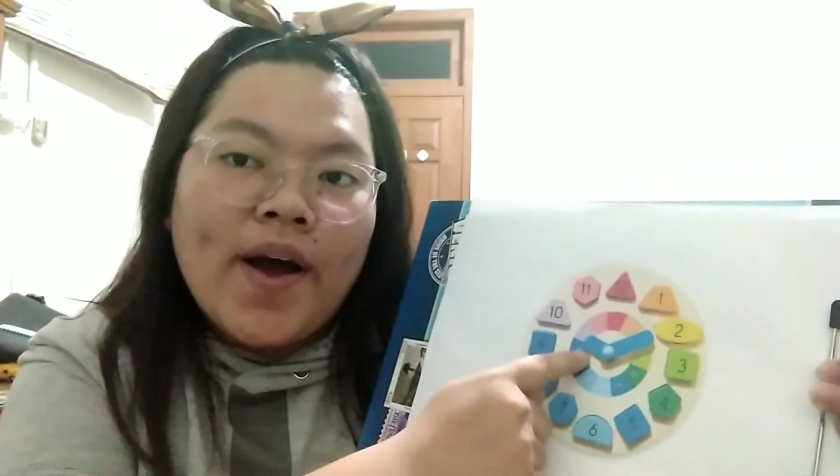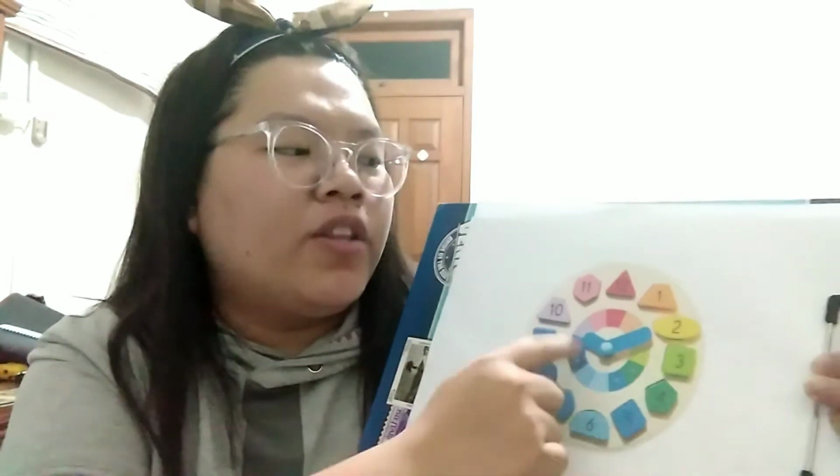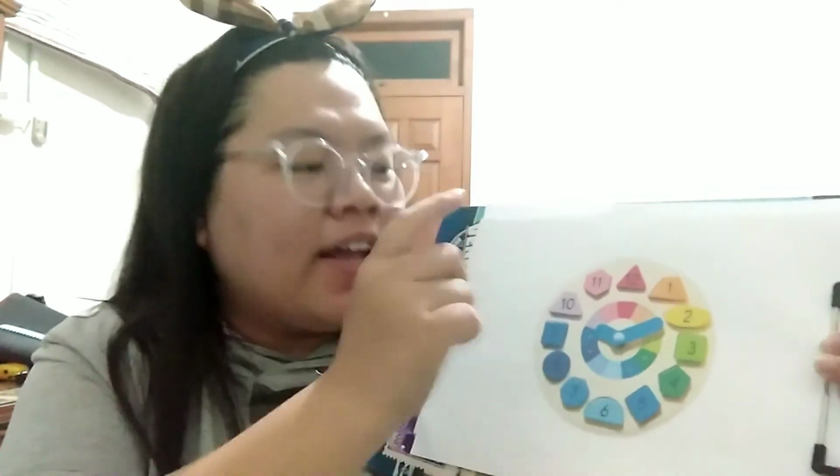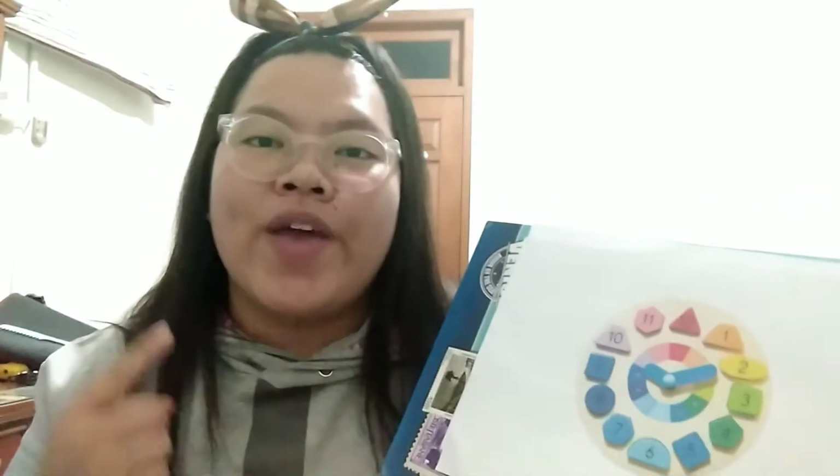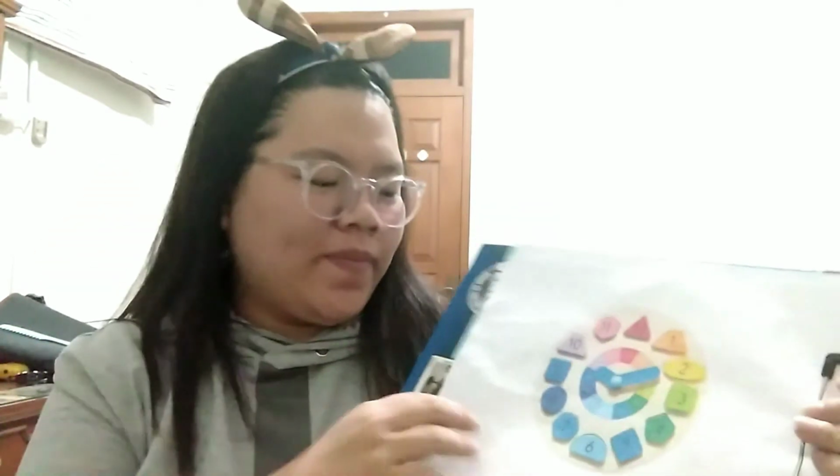The short one tells you what time it is, and the long one tells you about the minutes. Do you know how many hours we have in a day? Yeah, it's 24 hours in a day. And how many minutes do we have in an hour? Yeah, it's 60 minutes in an hour.